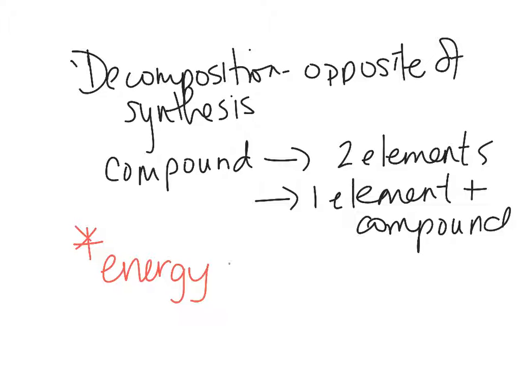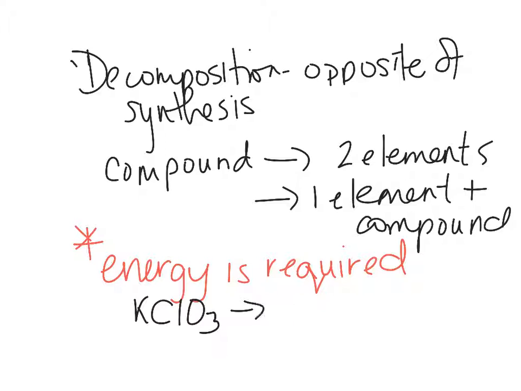It might be electricity, like electrolysis, or it might be heat. You need energy to break something down. An example is potassium chlorate, or any chlorate: you will form an ionic compound and oxygen gas.